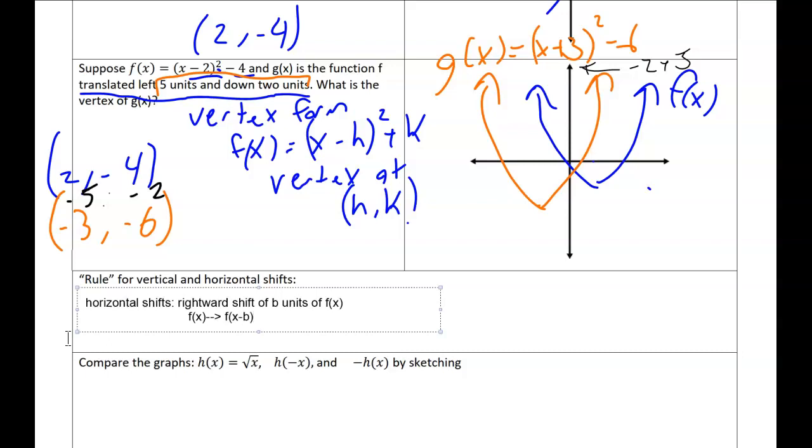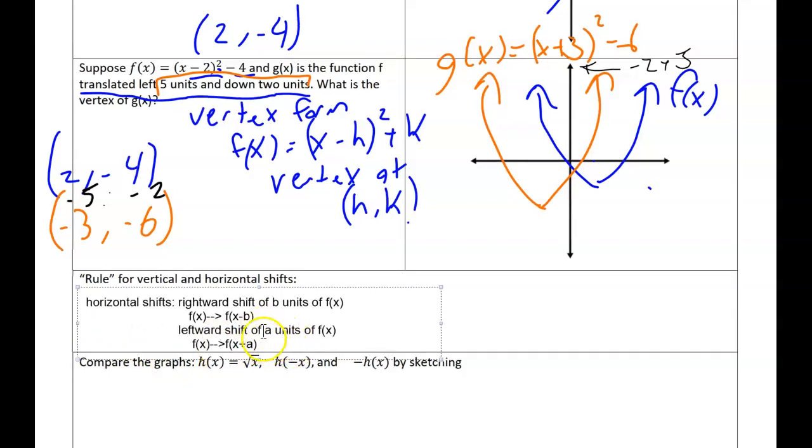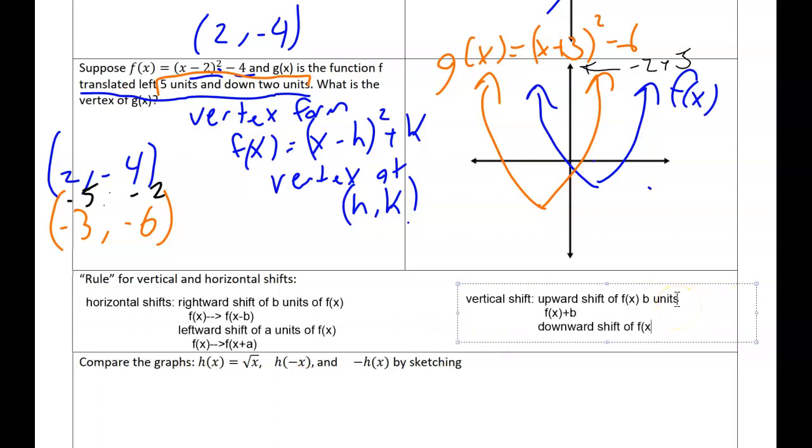And this is the opposite of what we would expect, right? Because for that rightward shift, we'd expect it to be a plus. And then a leftward shift is opposite. So if we're shifting a units, we're adding a inside of that parentheses. Okay. Vertical shifts are easy because it works how you would expect it to. So an upward shift is adding, a downward shift is subtracting.